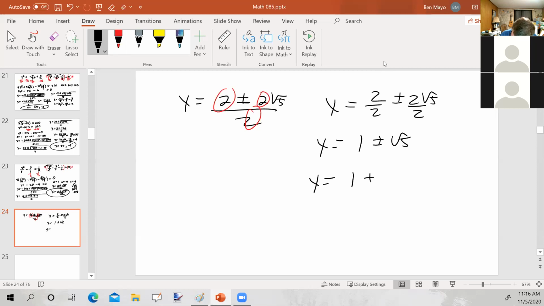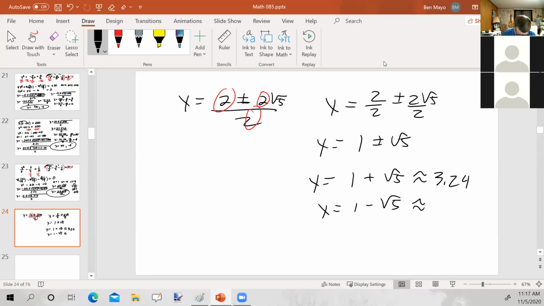So X is 1 plus the square root of 5. X is 1 minus the square root of 5. And then going to the calculator, 1 plus the square root of 5 is approximately 3.236. So that would round off to 3.24.